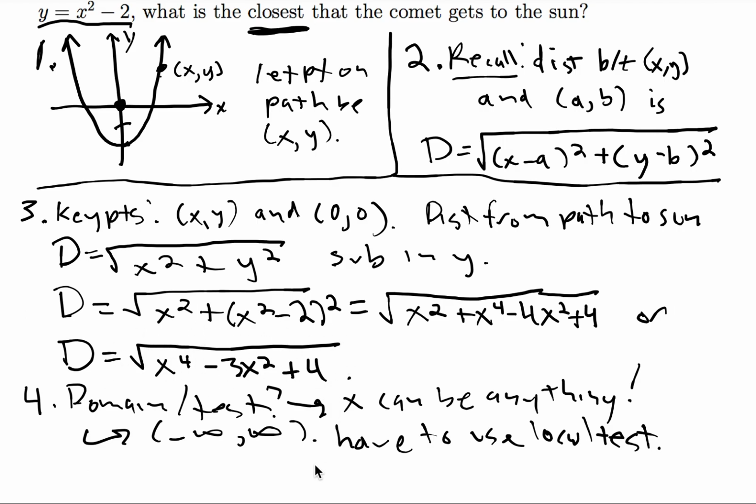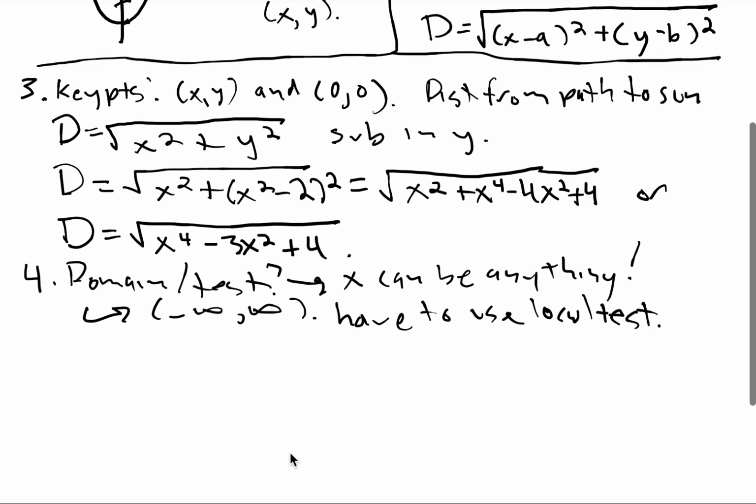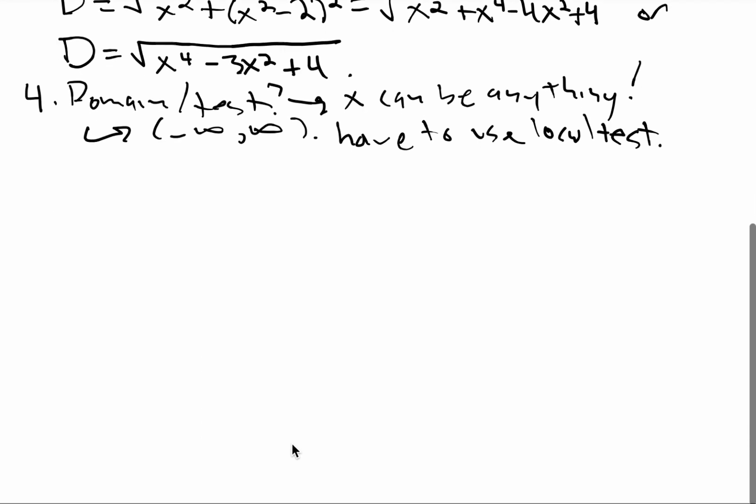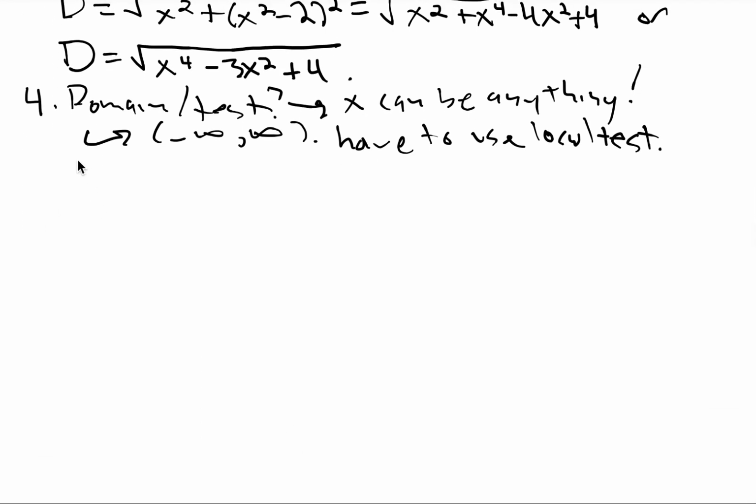Now, this is going to be a little bit of a mess because I've given us a little bit of a complicated function, but let's just scroll down, give ourselves a little bit of room, and see what we can do with this. Okay, first off, critical points. If I'm looking for critical points, I'm going to take d prime and then see what happens if I can figure out where this guy is 0 or doesn't exist.